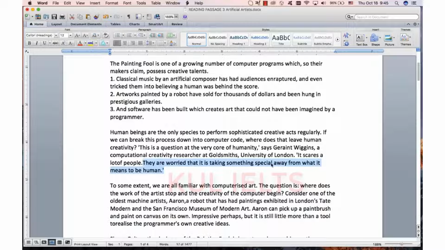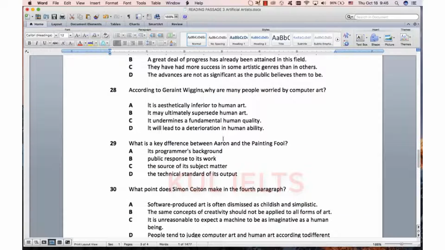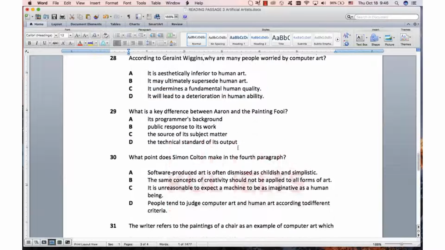They are worried it's taking something special away from what it means to be human. What is it? This is robots or computers doing artwork. Something about what it means to be human. It's inferior, no, it may, nothing about the future, undermines a fundamental human quality. That's your answer. And it will deteriorate our ability, no. So definitely C, it undermines a human quality.